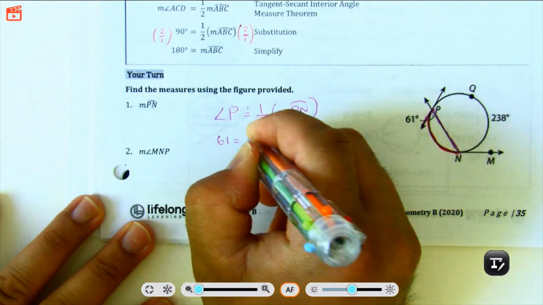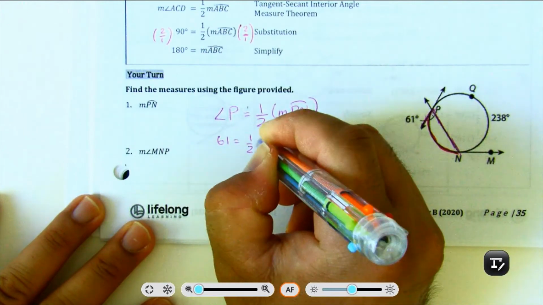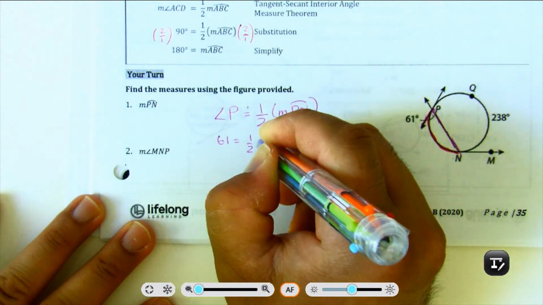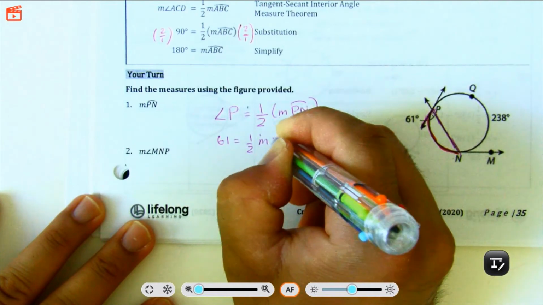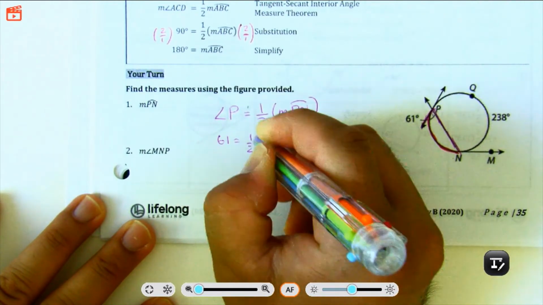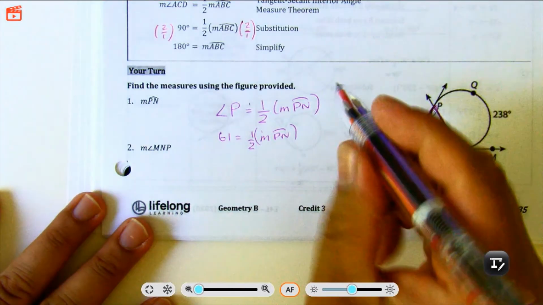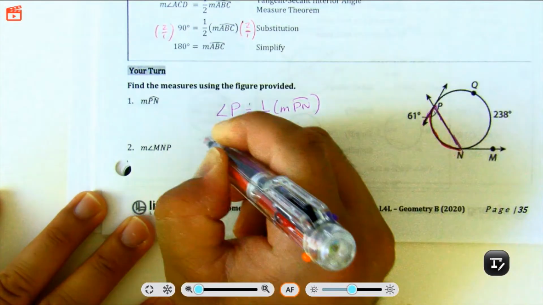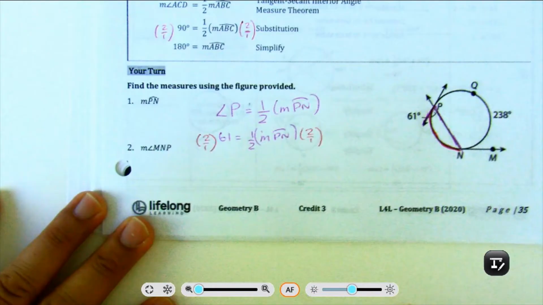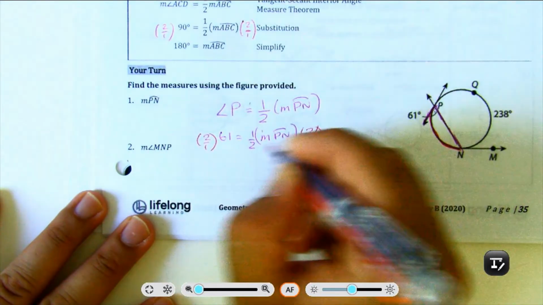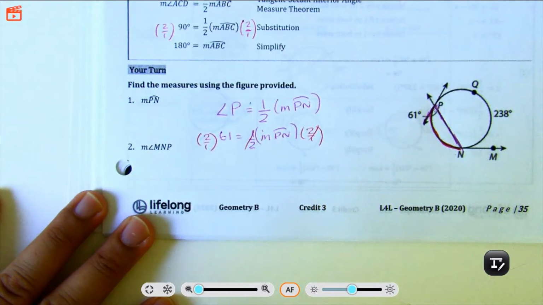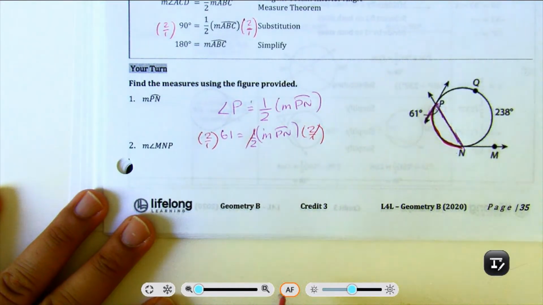And then I know to get rid of the half, I need to multiply both sides by the reciprocal, which is 2/1, or just 2. And 61 times 2 is 122. So the measurement of arc PN is equal to 122 degrees.